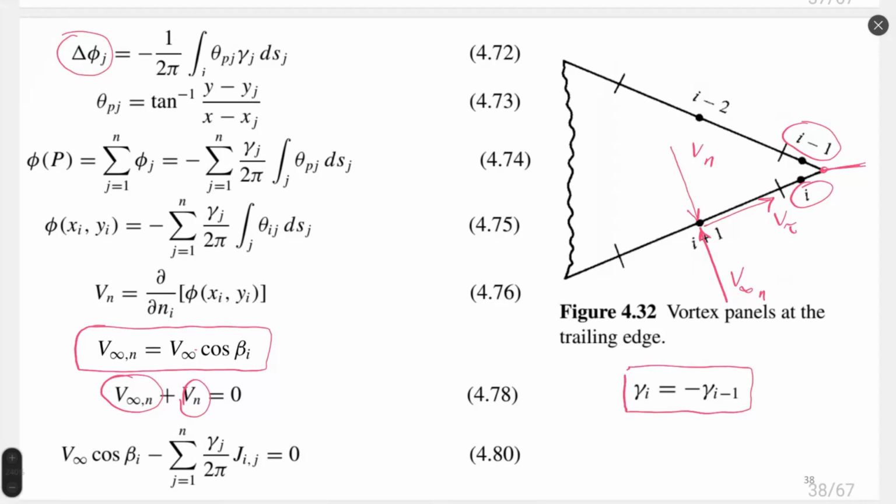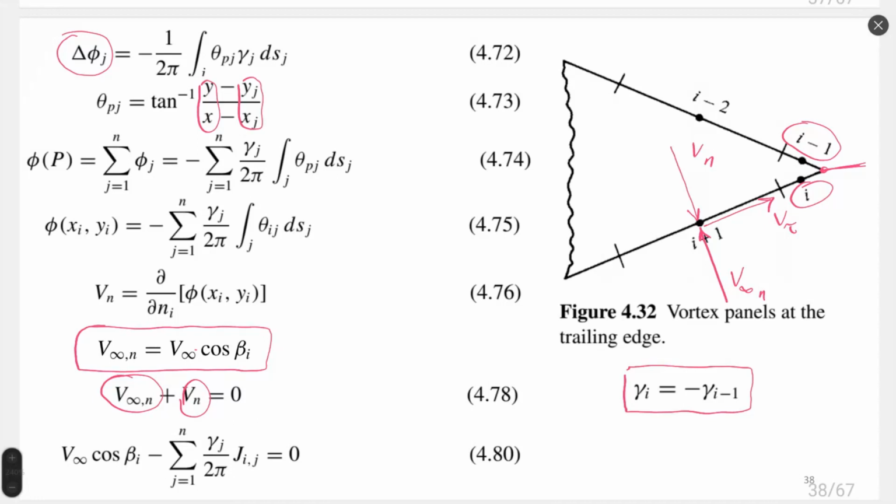And there is also an angle to calculate, the angle between an arbitrary point and the point of our interest. The arbitrary point has coordinates x and y, and the point on the panel is xj, yj.